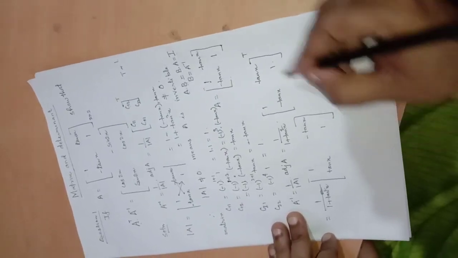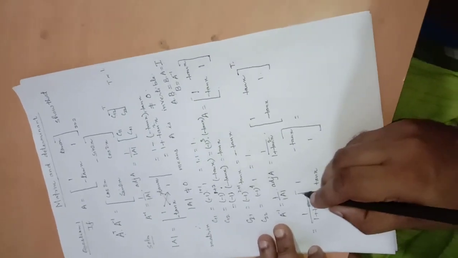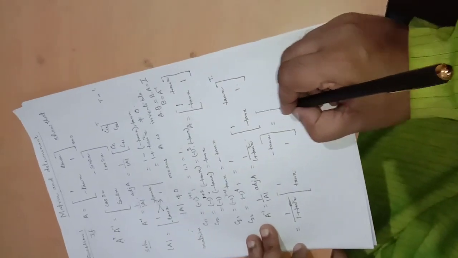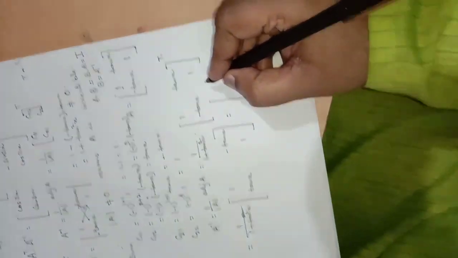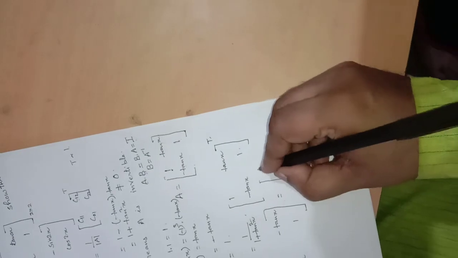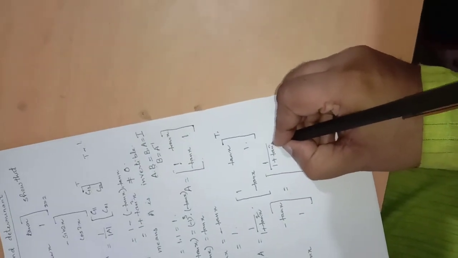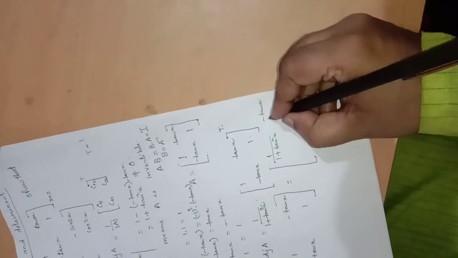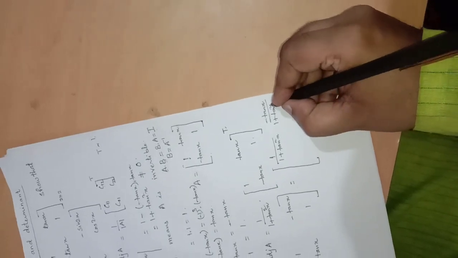Now the transpose sign will be removed. Each element of the matrix will be divided by 1 plus tan square x: 1 by 1 plus tan square x, minus tan x by 1 plus tan square x.